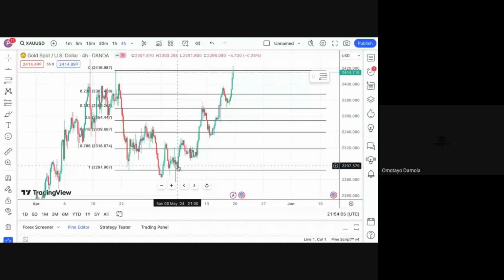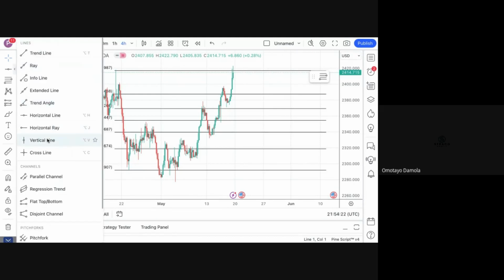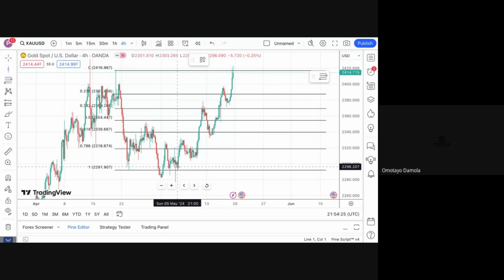Now, based on this, you can see some levels where price actually reacted without even talking, because we ended the class here and the week. Let me put a vertical line to make it clear. This was exactly where price resumed from for the week, and this was the whole week's movement.